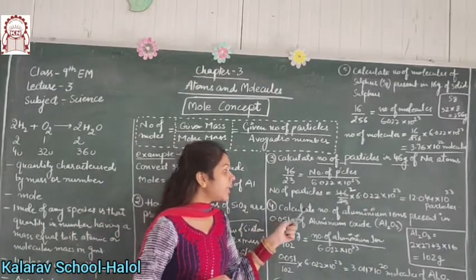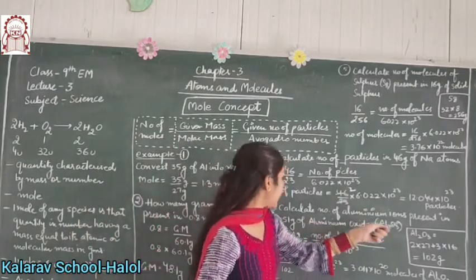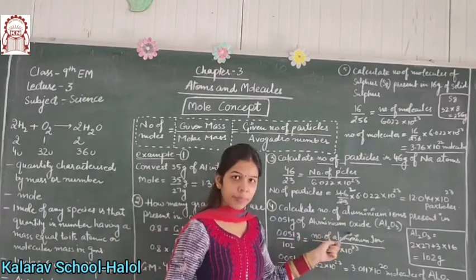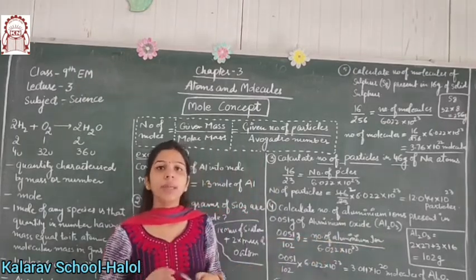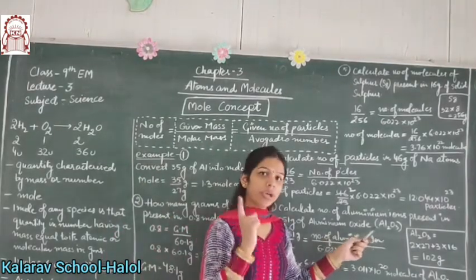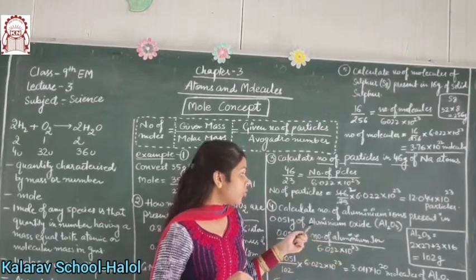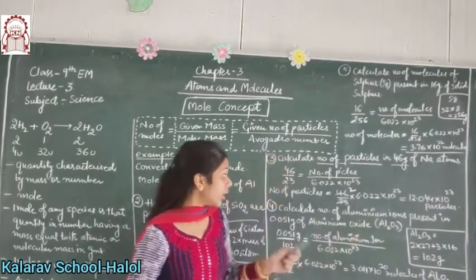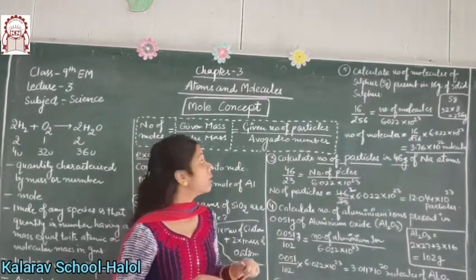Next, calculate the number of aluminium ions present in 0.051 gram of aluminium oxide. Sometimes you are not given the formula. You have to write the formula as I have shown you in the previous lecture. The formula of aluminium oxide is Al2O3. Here we have to find the number of aluminium ions.